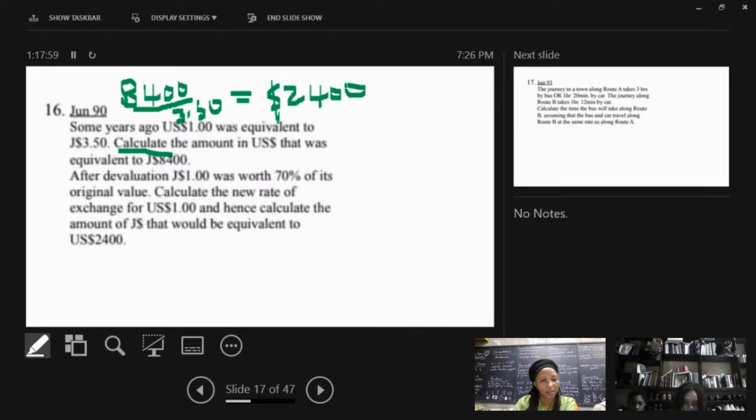And now this part: one Jamaican dollar, 70%.